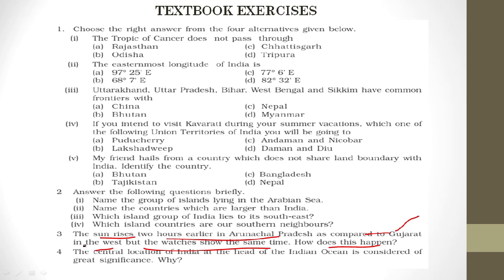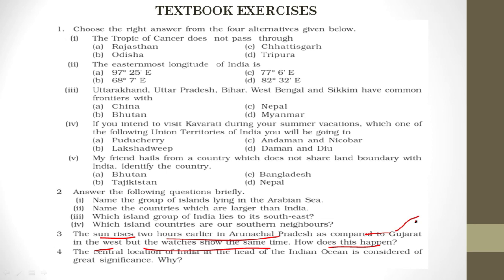Watches show the same time because of the standard meridian adopted by India for determining its Indian Standard Time, and since there is a time difference of 2 hours between Arunachal Pradesh and Gujarat, the local time of these two states will differ, and it will create a lot of confusion as far as administration in the country is concerned.